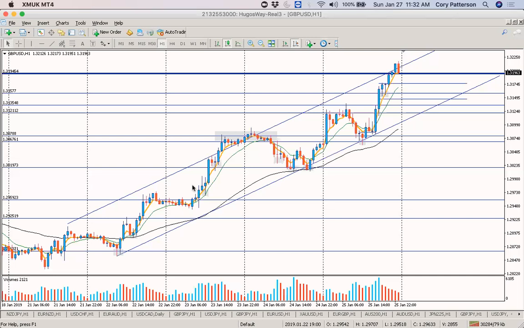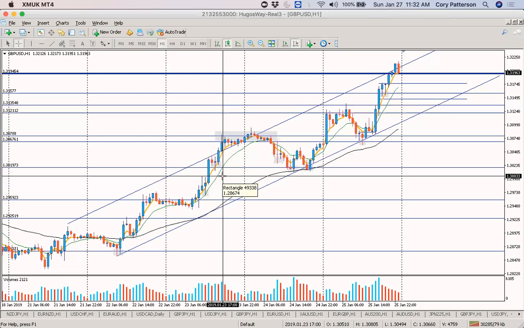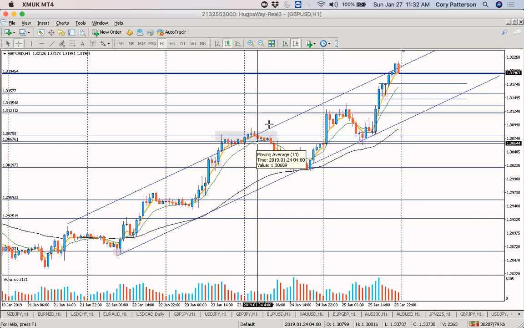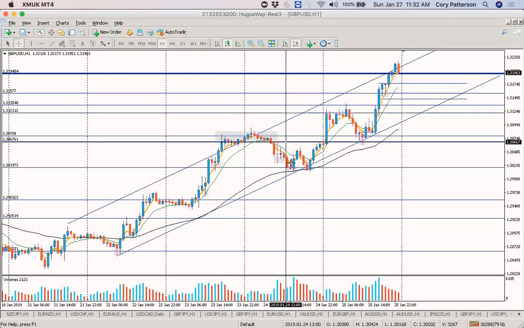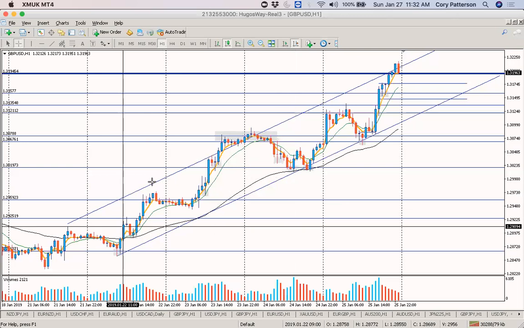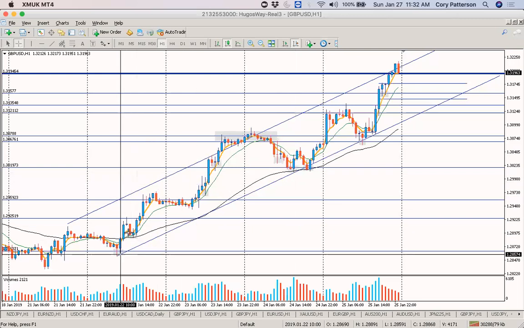So if you jumped in right here and it's just shooting up in the middle somewhere, you don't know where it's going at this point. Or if you jumped in up here, you don't know where it's going. So you want to stay away from areas like this where it's just going sideways, and wait for it to either break above an area like this or break below an area like that and take the trade, or wait until you have a clear direction and there's clearly an uptrend.